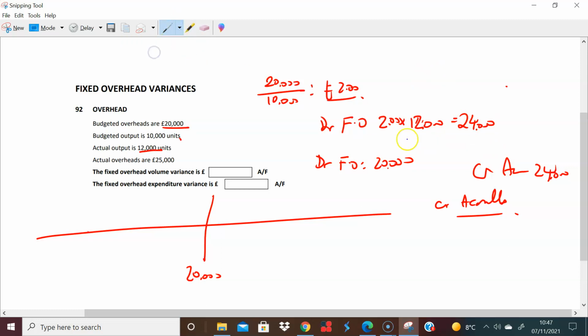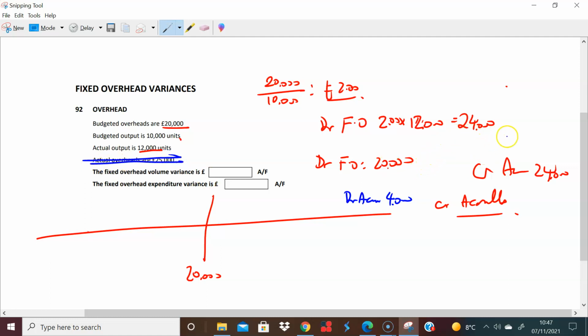You're going to say, this is wrong, so I'm going to debit the accrual with 4,000 and credit the expense, this fixed overhead, with 4,000. Let's bring this back down to the budget, what we actually thought it was going to be.